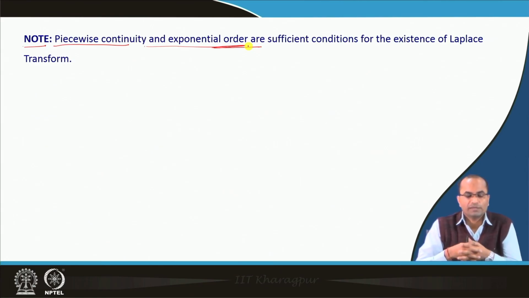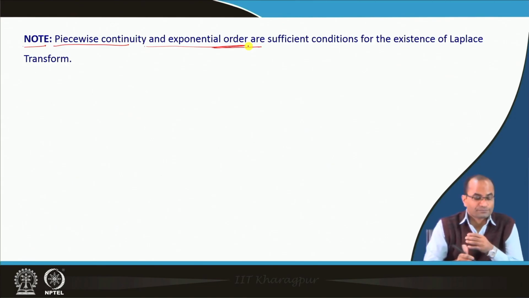That is what we mean by sufficient conditions. Under these conditions the Laplace transform will definitely exist. These are more than what we actually need, but we do not know the necessary and sufficient conditions. We know only the sufficient conditions under which we are sure that the Laplace transform will exist.